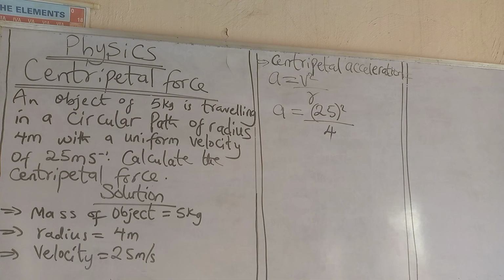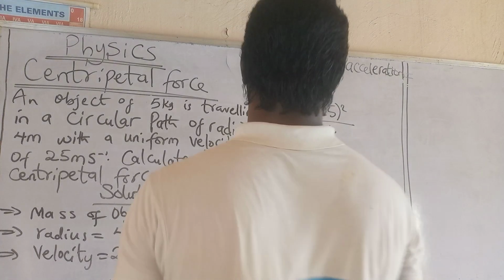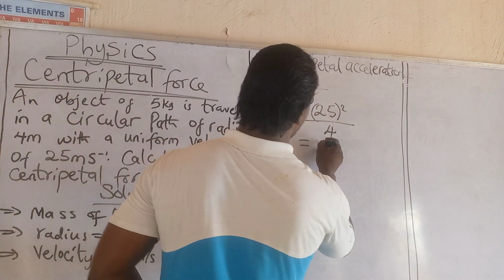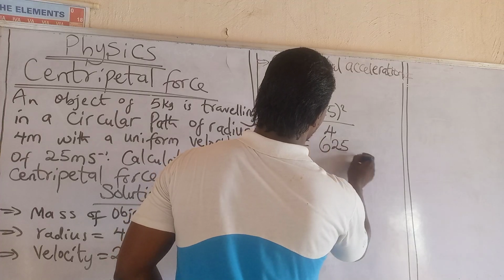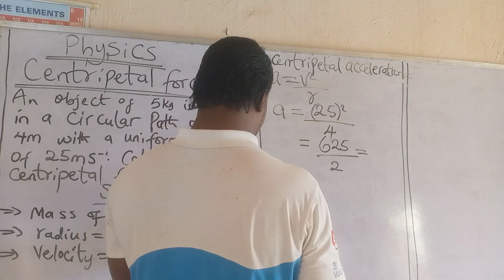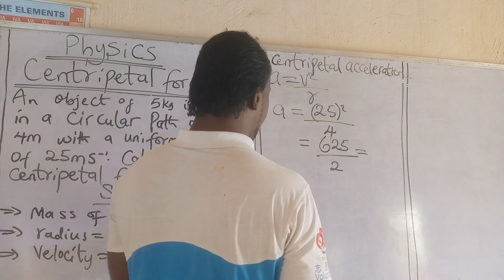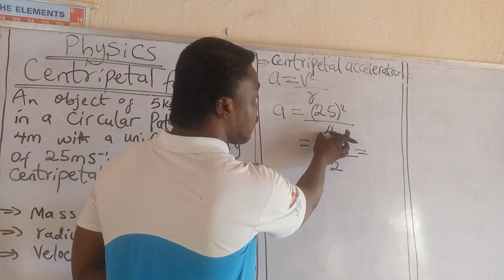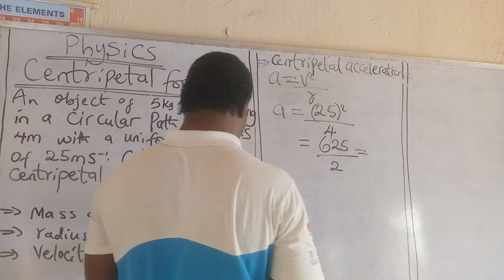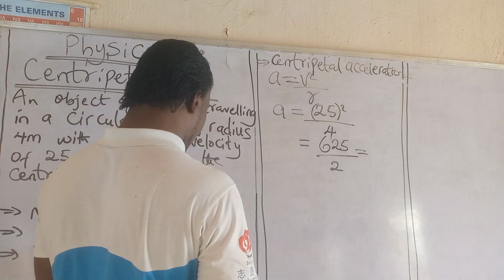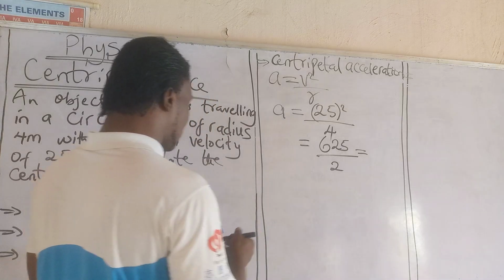So you square 25, which gives us about 625. Then 625 divided by the 4 that is here gives you 156.25.